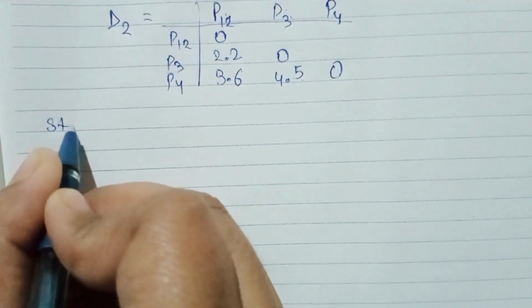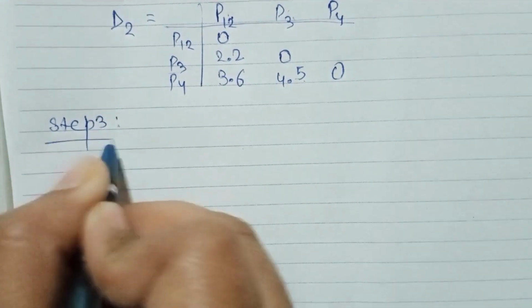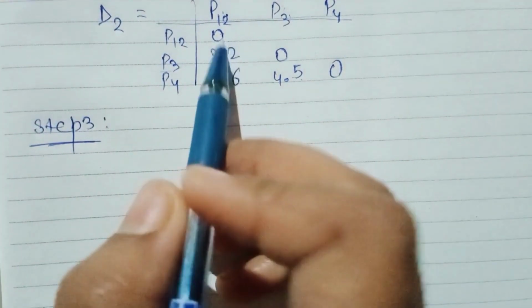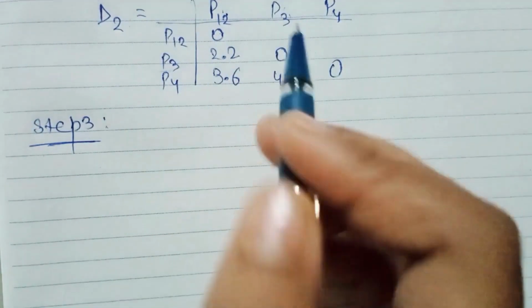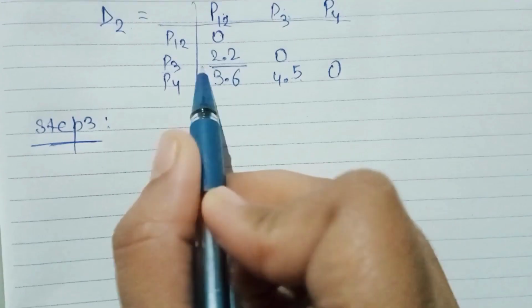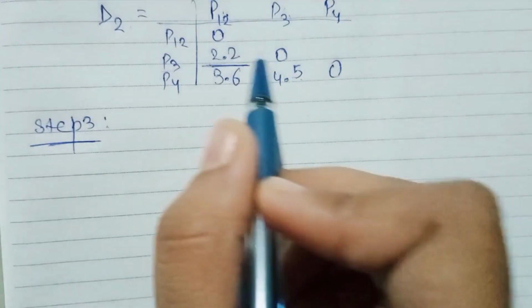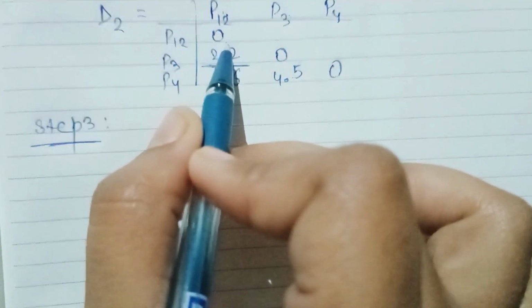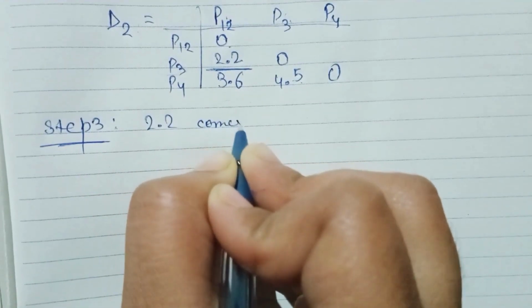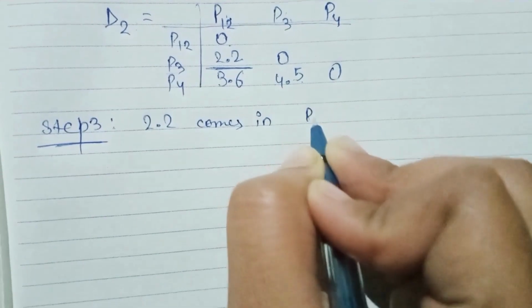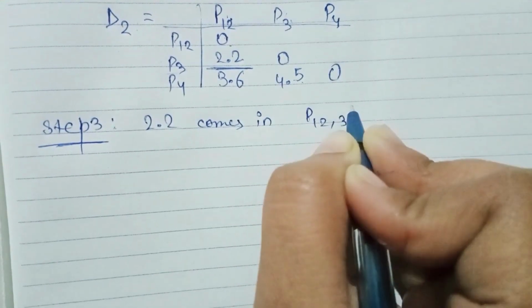Now our step 3 is to check for the lowest non-zero value from this matrix, from this D2. So here we can say 2.2 is the lowest non-zero value, and 2.2 comes in the cell of P1 2 to 3.